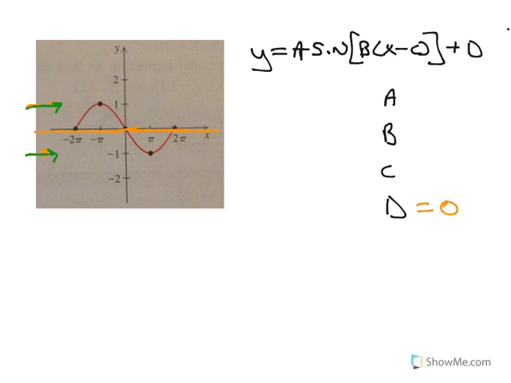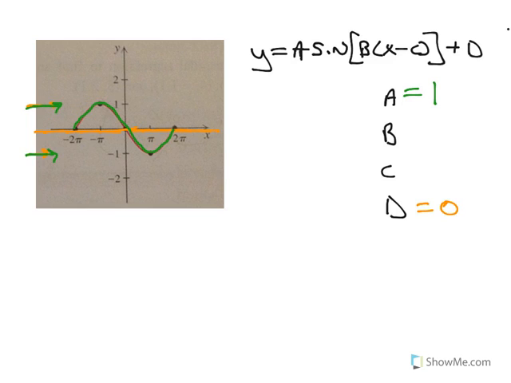So the a value is not changing off of the original parent function. So a is just going to be 1. And it's a right side up sine wave. So it's not upside down, so we're not going to put -1. Sometimes you might be looking at an upside down pattern of the sine wave and you'd want a negative there.